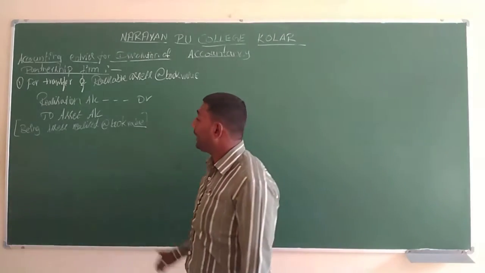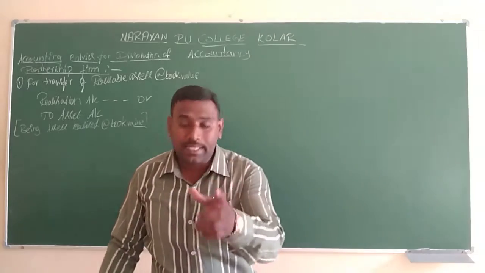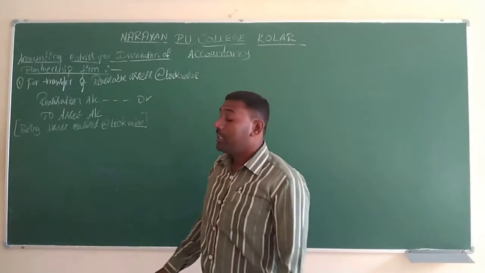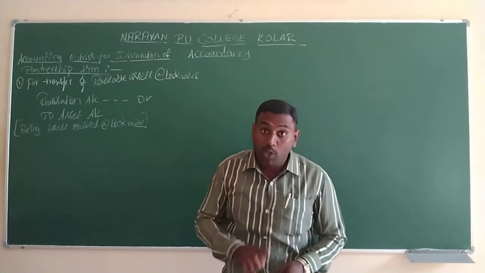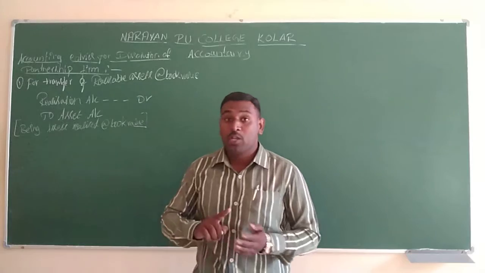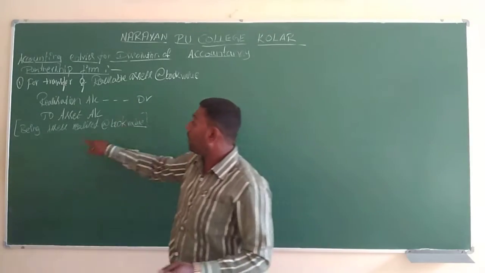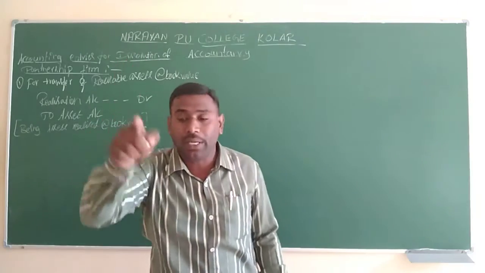So here we write the entry like this: realization account debit. What does it mean? If any asset has been realized, or we want to realize the asset in the chapter dissolution of partnership, then that asset we record in the realization account debit side.